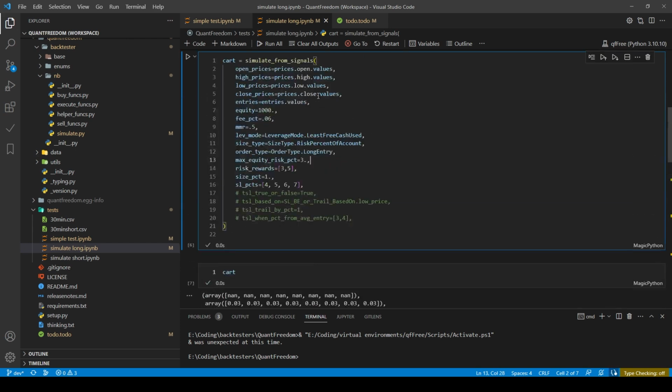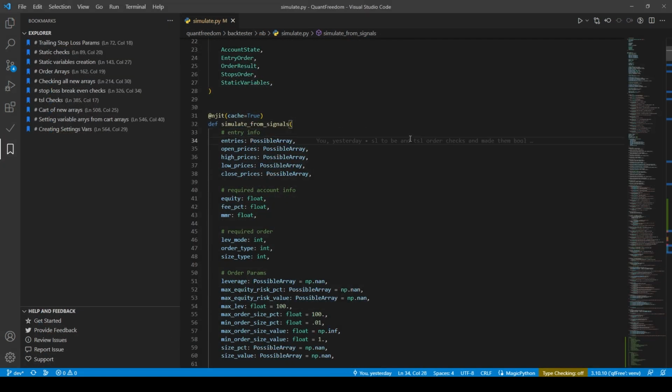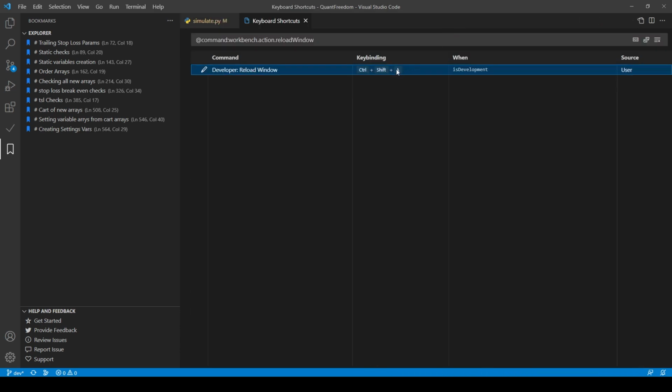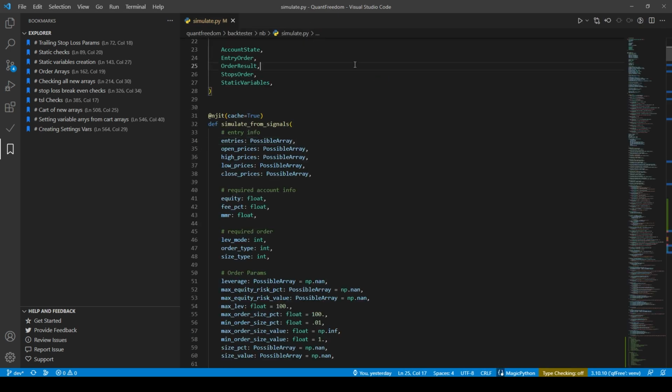Why don't I have any... I really wish I could reload the window. It's gonna work. But for some reason this just doesn't work.